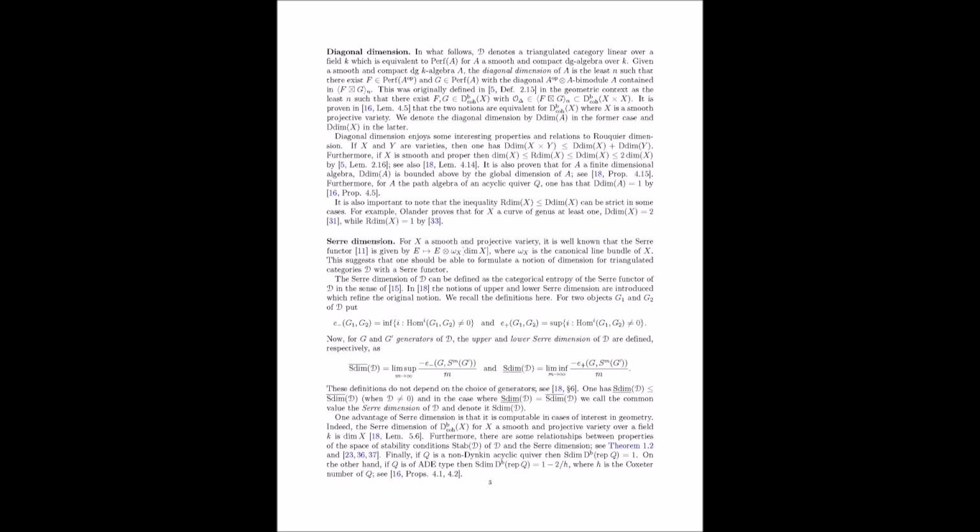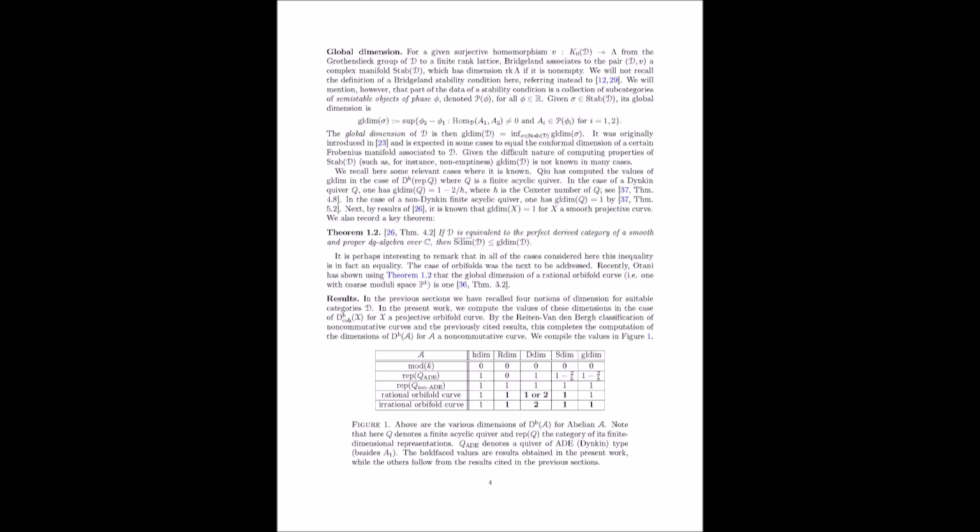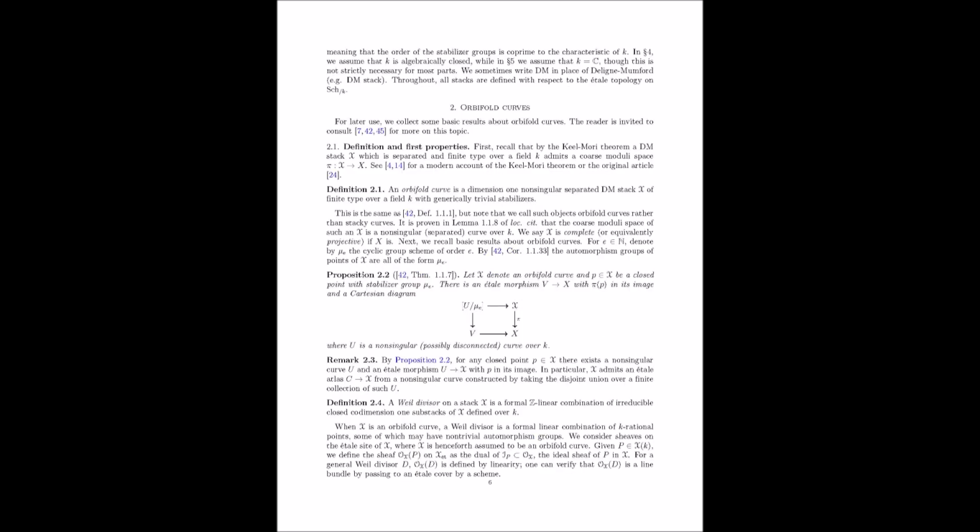The contradiction emerges when they meticulously examine the degrees of specific line bundles involved in constructing the diagonal object. It's like a delicate balancing act. If the degree of the canonical bundle tips the scales in the wrong direction, the whole structure crumbles. They also link the diagonal dimension to the existence of tilting bundles with hereditary endomorphism algebras, don't they?